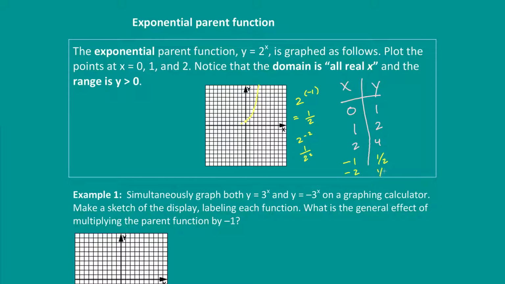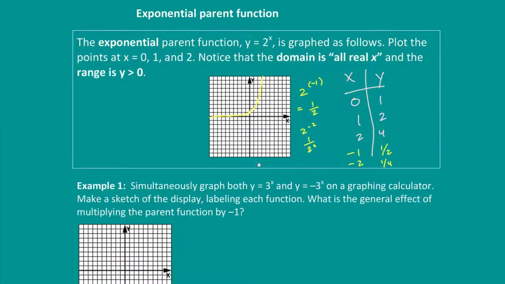So as we get more negative on our x's, our y gets smaller and smaller. It starts to approach this horizontal asymptote. It gets closer and closer to our axis. So that's our exponential function, our exponential parent function.